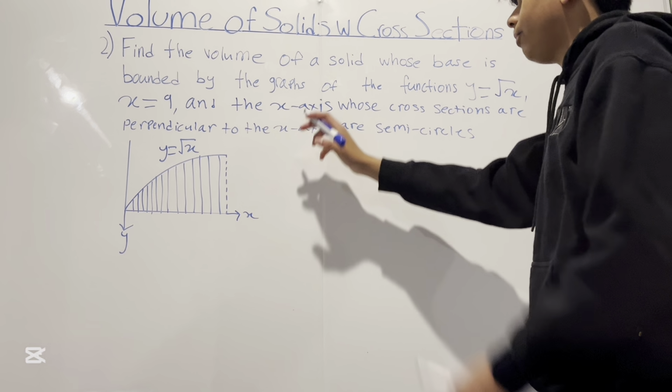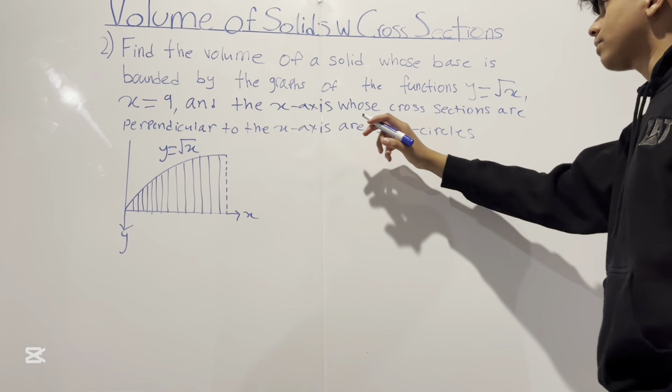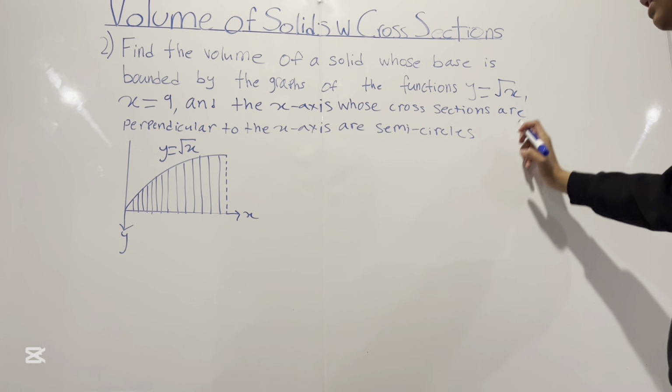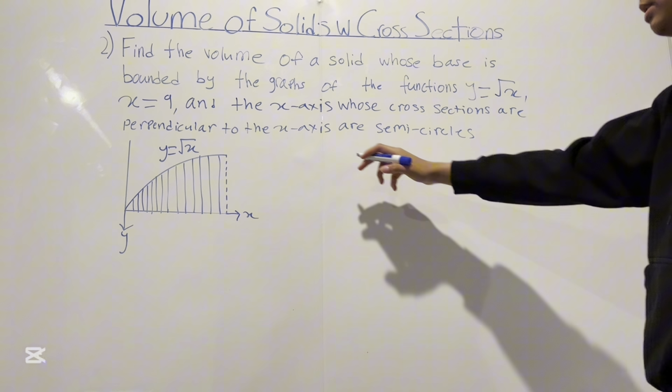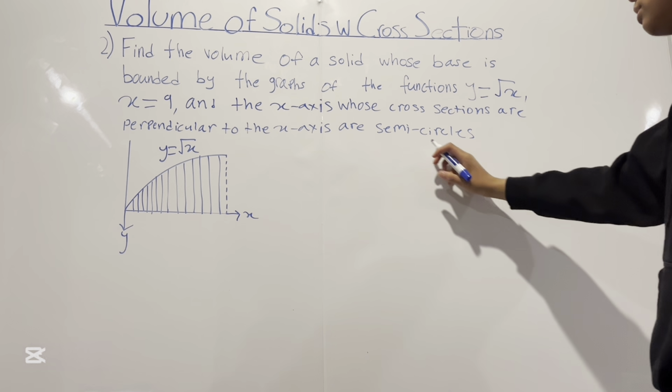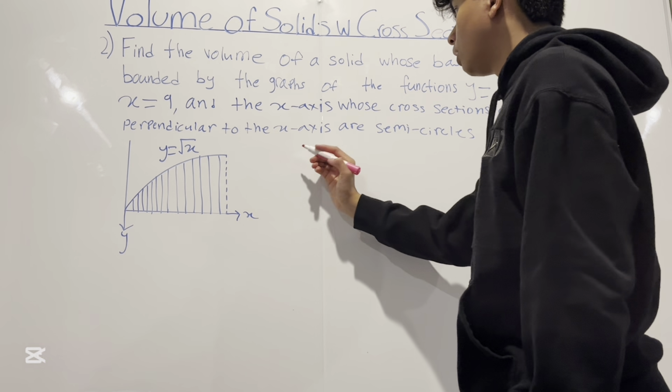Question 2 we have, find the volume of a solid whose base is bounded by the graphs of the functions y equals square root x, x equals 9, and the x-axis, whose cross sections are perpendicular to the x-axis, are semicircles. So we're going to do the exact same thing.